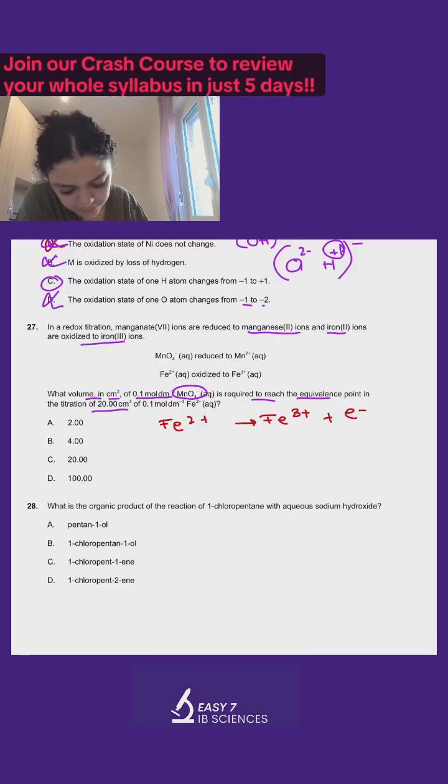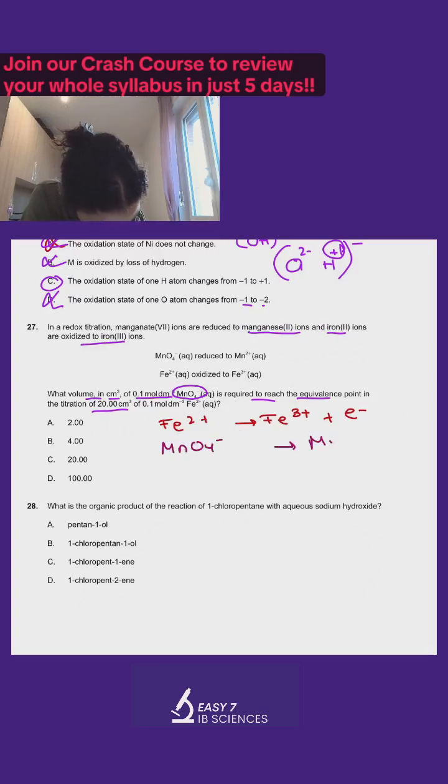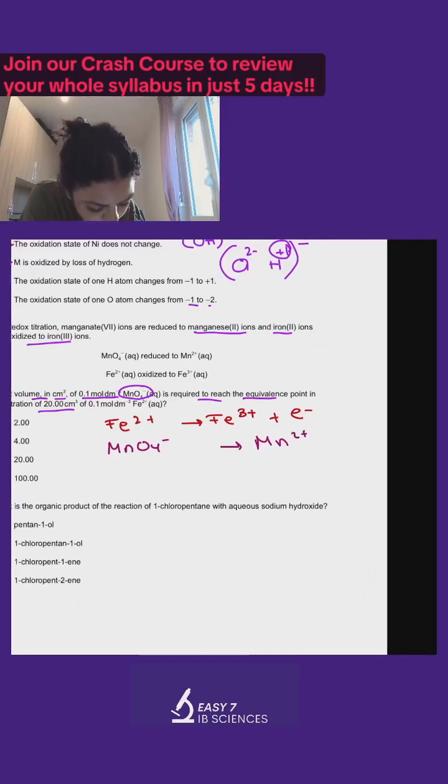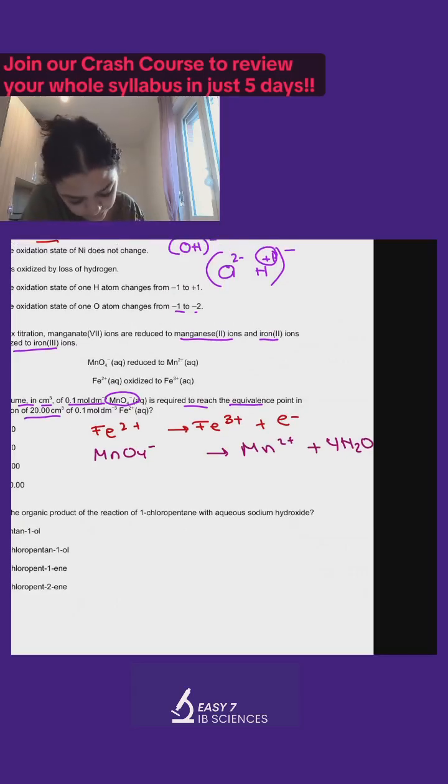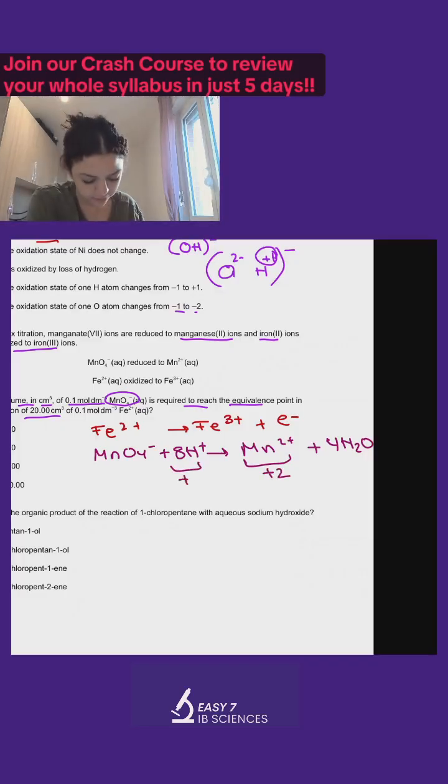Okay, next I'm going to write the half equation of manganate. So MnO4 minus goes to Mn2 plus. I can see that my oxygens are not balanced, so I'm going to add 4 H2Os on this side. Now my hydrogens are not balanced, so I'm going to add 8 hydrogens on this side. And then I see that my charges are unequal. Here I have a +2 charge, here I have a +8 charge and a -1 charge, giving +7.